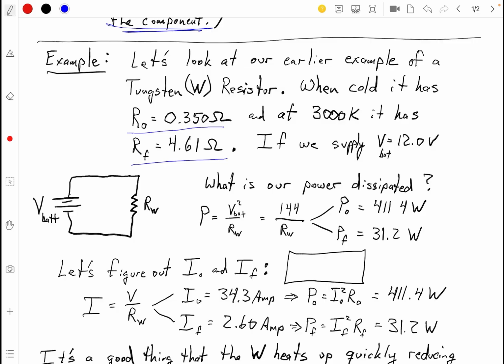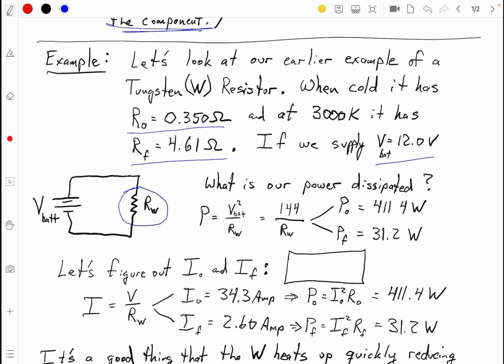And if we use the supply, this battery, we can do that this time. Why? Because there's just one resistor. We don't have multiple components, we don't have resistors in series and parallel and all that other stuff. It's just the current going through, and that's going to work for us.